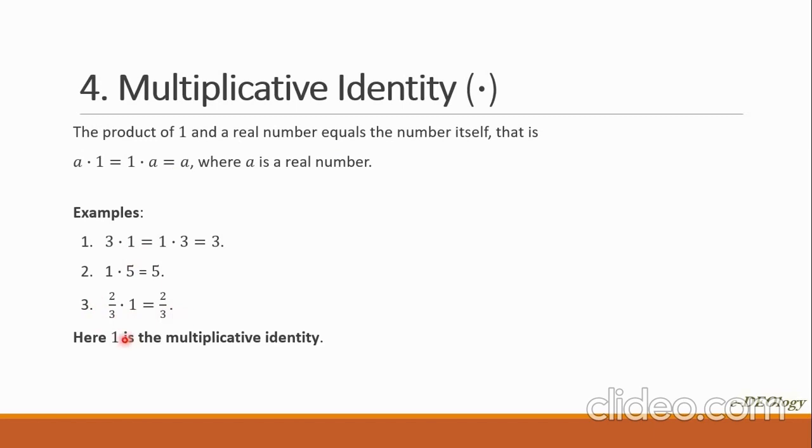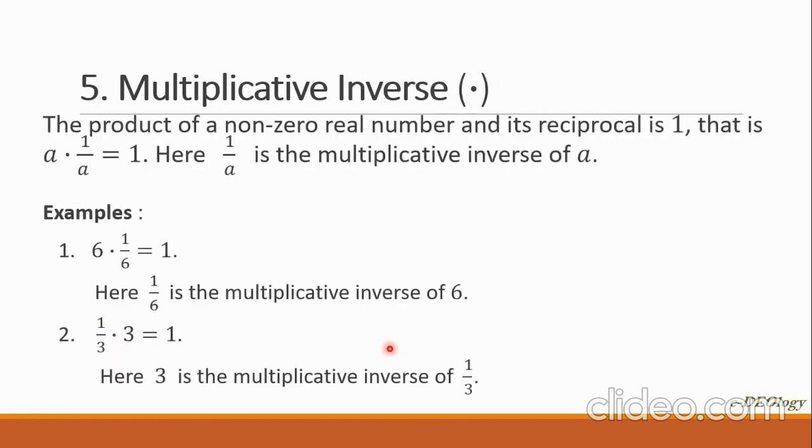So that number 1 is called the multiplicative identity. In other words, any number multiplied by 1 would result to the number itself. The fifth property under multiplication is what we call multiplicative inverse.